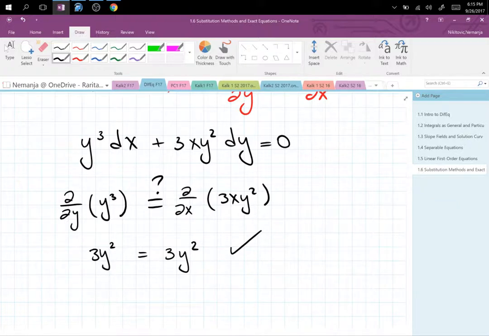Great. So what would be the procedure to solve this? You look at this problem up there, and I don't know if it's clear to you, but it's clear to me that if I integrate that, I'm going to get the solution, right? And now we can figure out whether we want to integrate with respect to x or with respect to y.